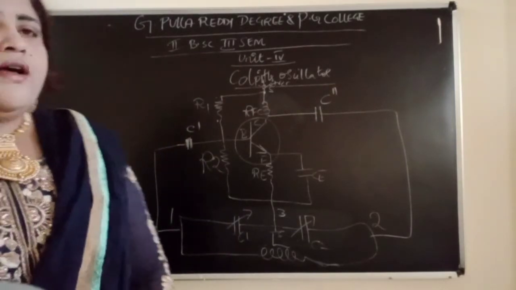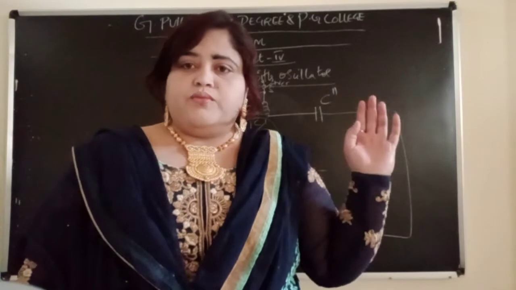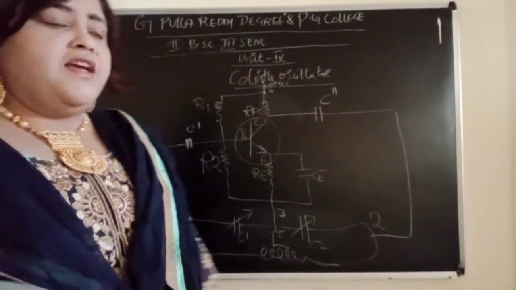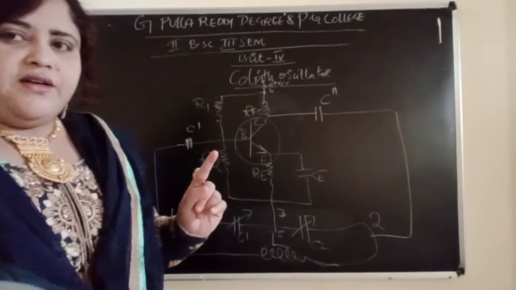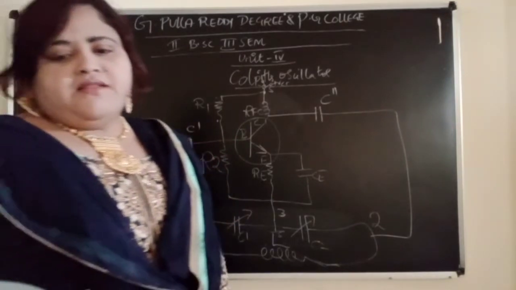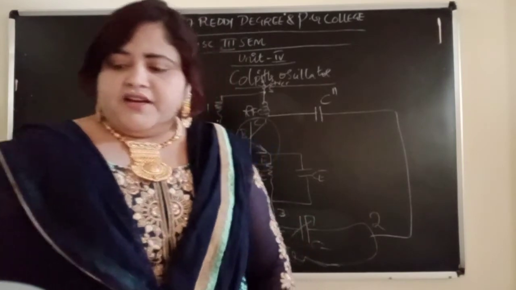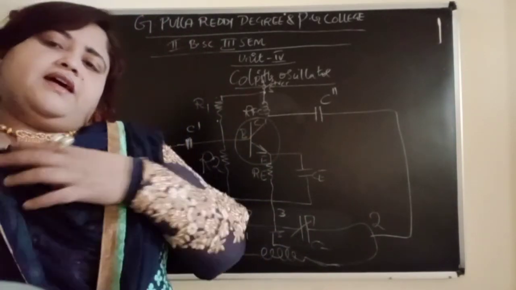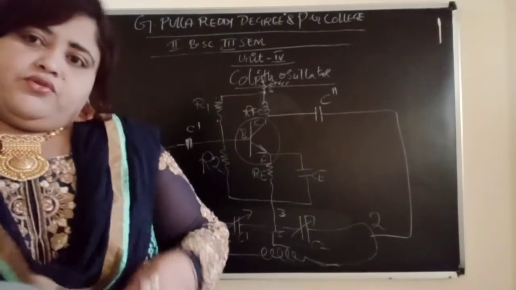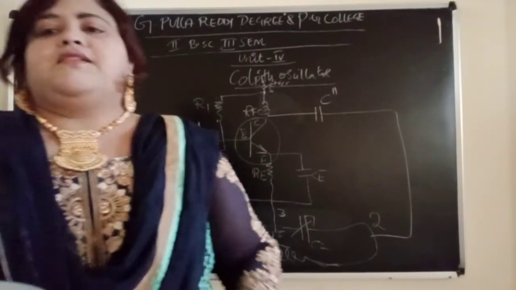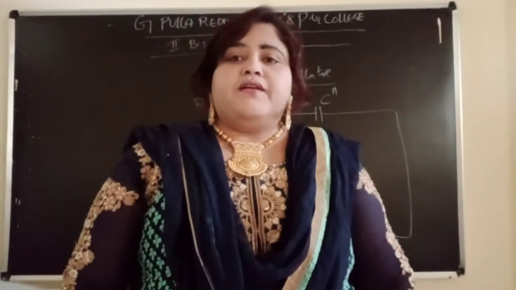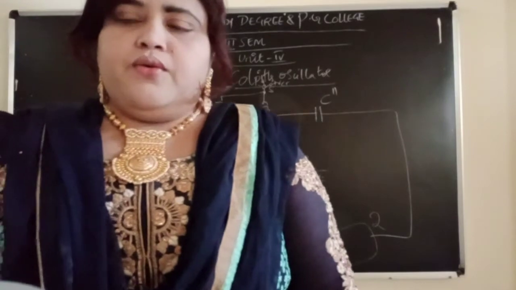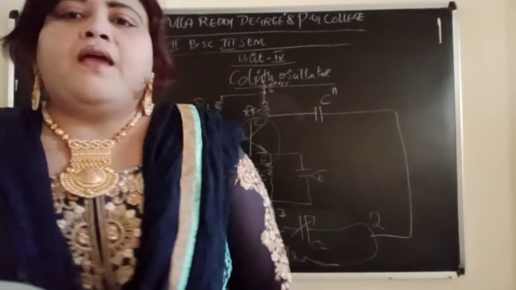Once you have studied the Hartley, you can move on. If you study the Colpitts directly, you can study it very nicely. What you have to write in Colpitts: the Colpitts oscillator is the same as the Hartley oscillator, with only one difference: two inductors and one capacitor are used in Hartley, but in Colpitts two capacitors and one inductor are used. Keep that in your mind.